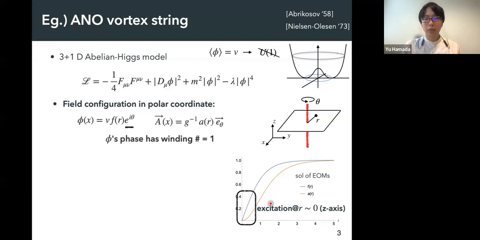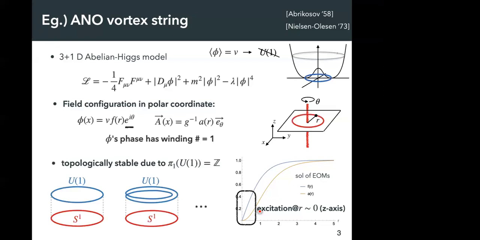Then we can see that f goes to 0 around r equal to 0. So r equal to 0 corresponds to the z-axis, which means there is a finite energy excitation along the z-axis. That's why this is called a string: a string-like object along the z-axis.